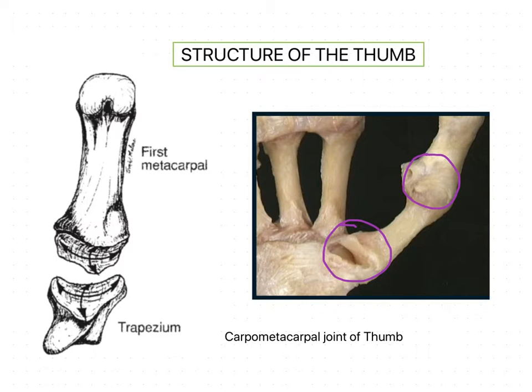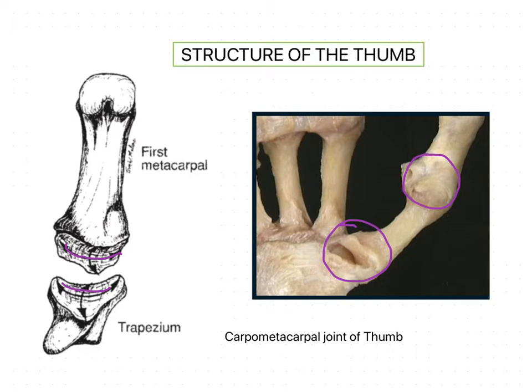If you see the type of the joint, it is a saddle variety of synovial joint because the articular surfaces are concavo-convex.